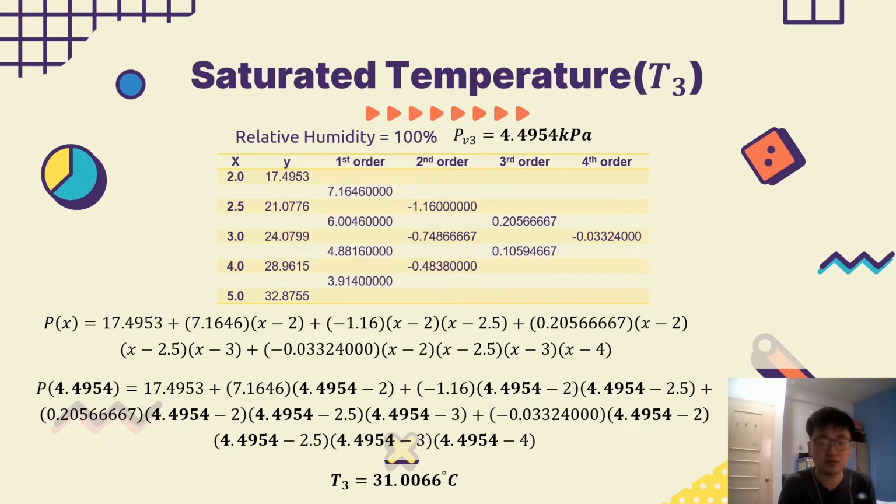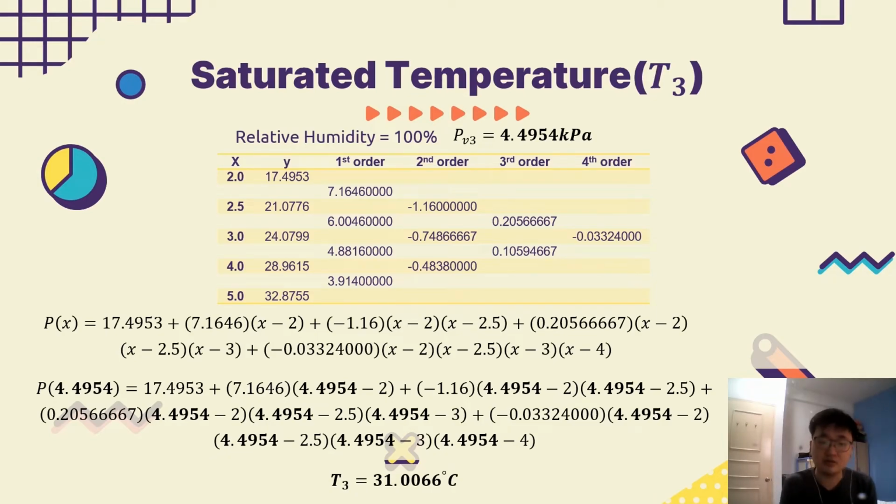Alright, next, for the saturated temperature when the relative humidity is 100%, which means PV is equal to 4.4954 kilopascal, we use the table to find the first order, second order, third order, and fourth order. Then we create the Newton interpolating divided difference polynomial formula.